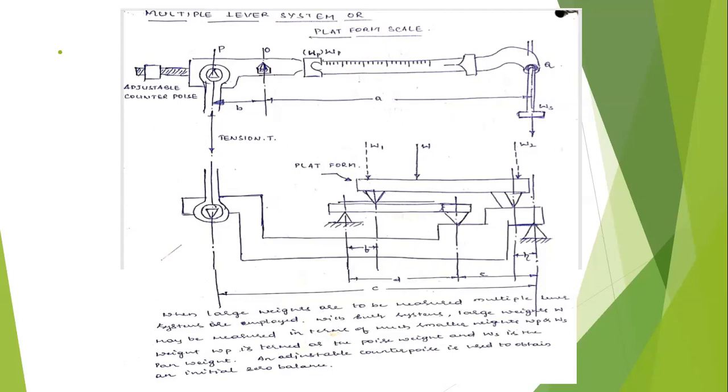You can keep the unknown magnitude anywhere on the platform. You have the exact measurement. That is W1 plus W2 divided by 2. That is the advantage of a platform scale: you can keep the unknown magnitude anywhere on it.